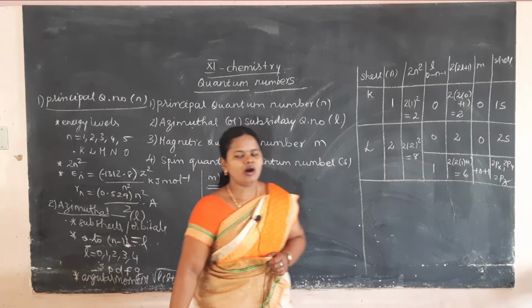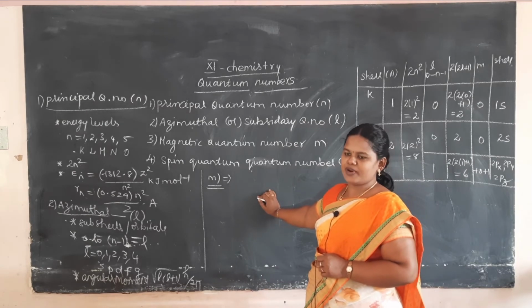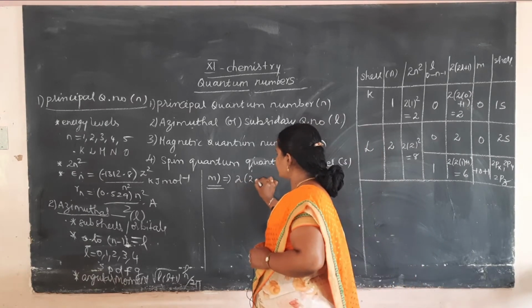These values are the maximum number of electrons that can be accommodated. Here it is explained by the 2 into 2L plus 1 formula.